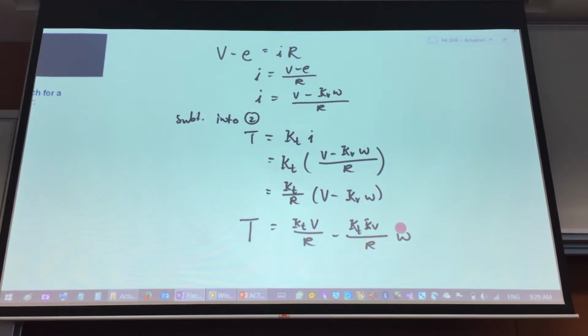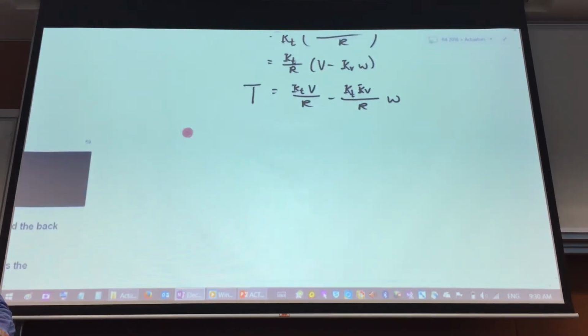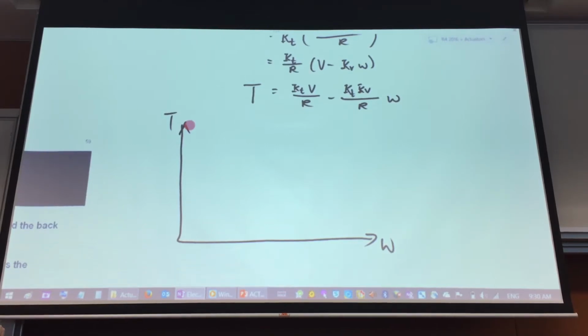T equal to constant minus constant omega. If I were to sketch this in the axis T versus omega, what do you think I would get? Do I get a straight line or a curve? Get a straight line. How's that straight line going to go? Which way? This way or that way?